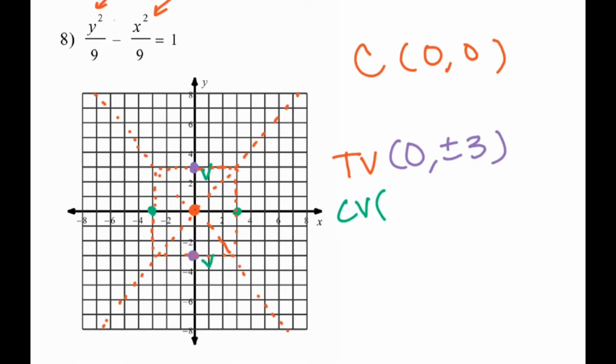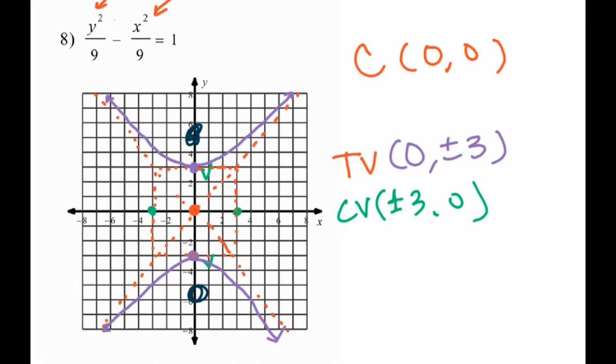So it's going to be plus or minus 3, 0. Okay. So now I'm going to draw my hyperbola. I'm starting at the vertices and I'm going to go this direction. Now, a common mistake is that people just don't stop and pay attention to which way the hyperbola is going. They draw the hyperbola going like this, and that's not right. So you have to pay attention to that. Now your foci are going to be somewhere there.